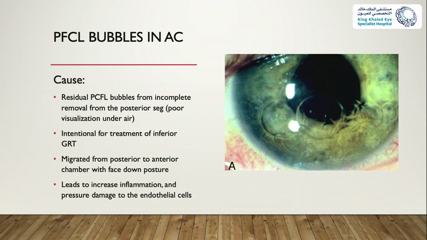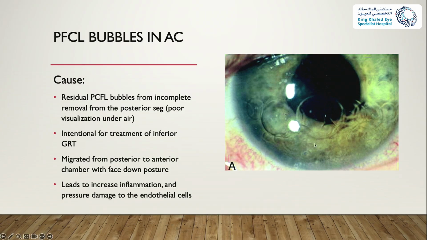And people now also have intentionally put PFCL inside the eye for a short period of time, for 5-7 days, to tamponade the giant tear, especially those that were difficult to operate. And if you do that, when they face down, the PFCL bubble from the back can move to the front. But that's not a good thing to have, because PFCL can cause inflammation.